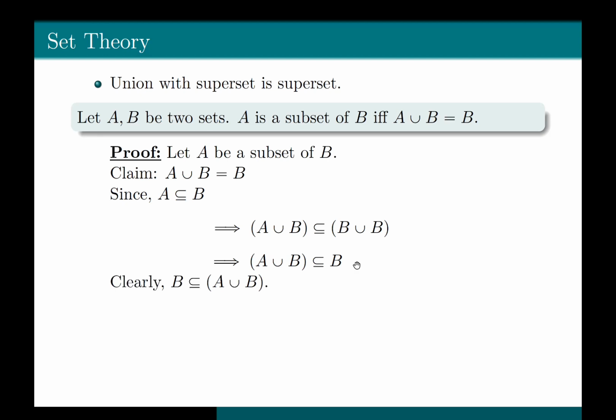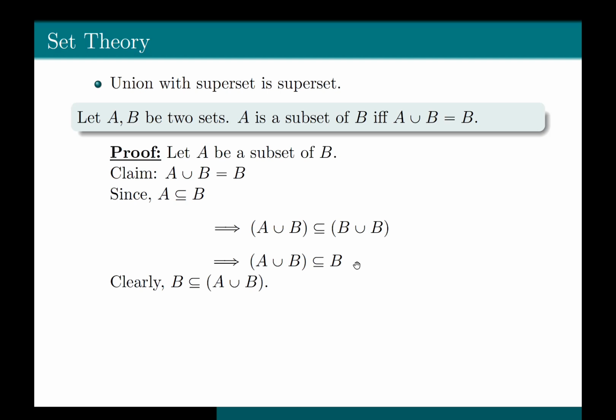Now, how do we prove that B is a subset of A union B? Okay, it is very easy. We use the fact that if we have two sets A and B, then both the sets are subsets of the union of those two sets.